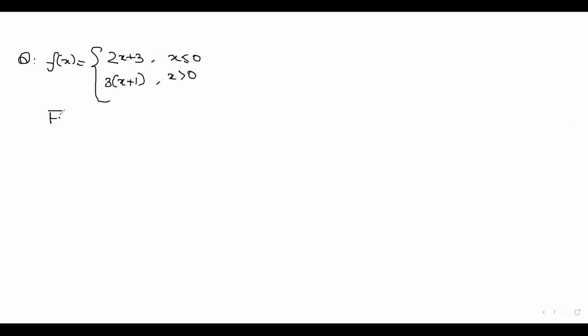Find limit x tends to 0 f(x). Darshan, I will explain the previous question, just give me a minute. Please try this question, and all of you please note down this question first, because I need to change this slide.